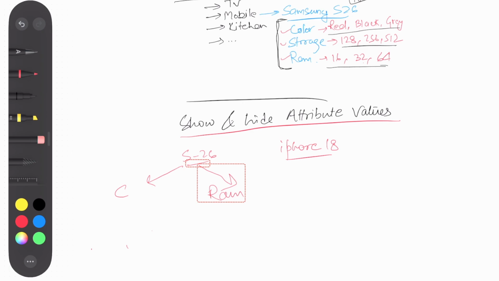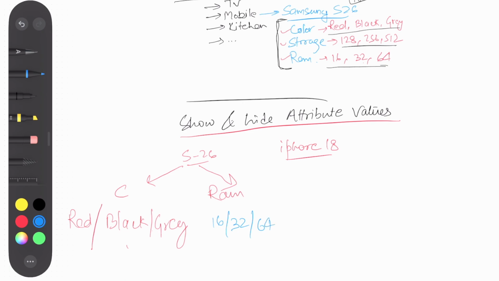Okay, so in this we have colors like red, black, gray. Okay, and we have RAM 16, 32, 64. Okay, simple. We have these two things.